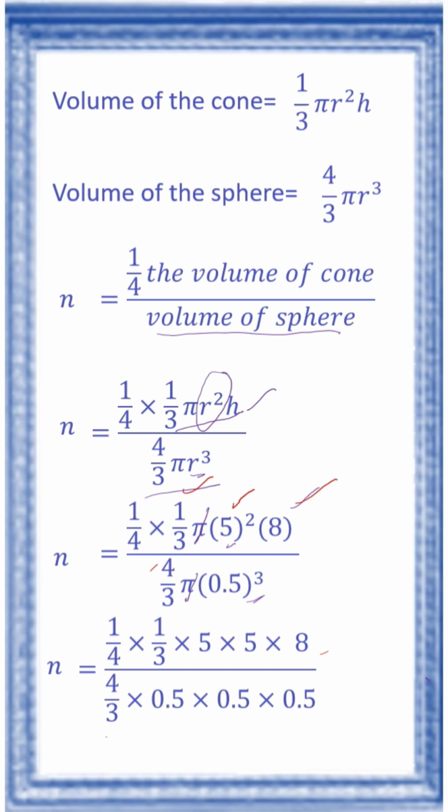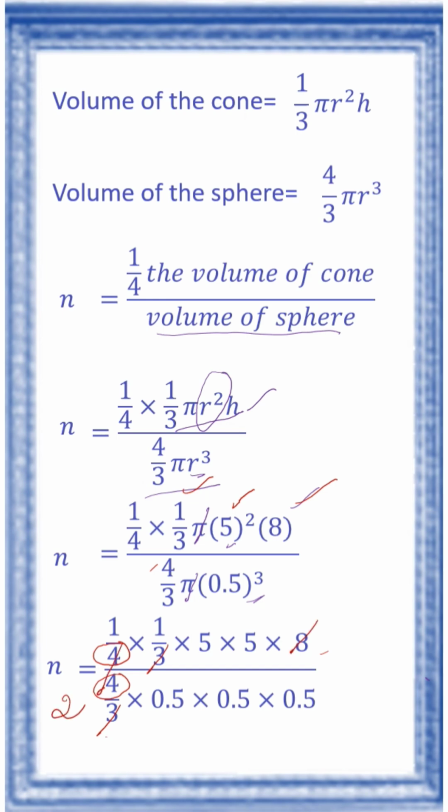You can cut also, simplify and write the answer like that only. Okay, now this 3 and this 3 can get cancelled. Why? Both are in the denominators. This 4 and this 4. 4 into 4, 16. Here 8, here 16, here 2.